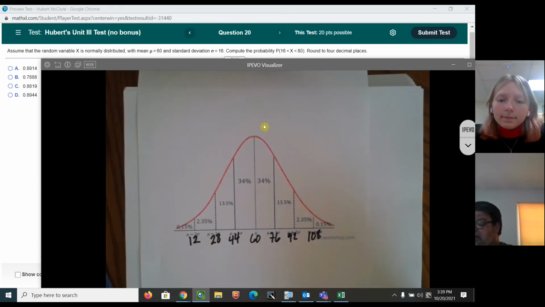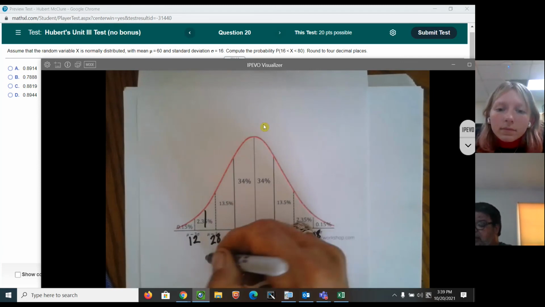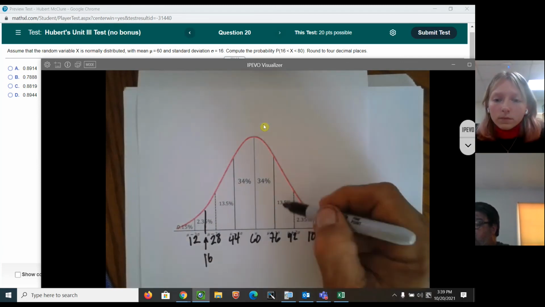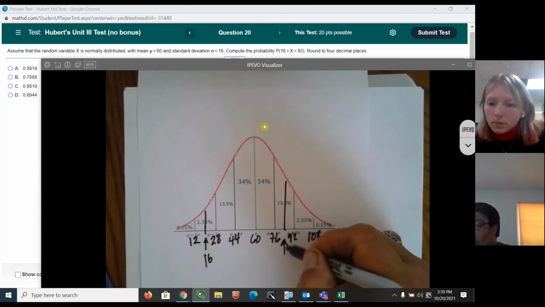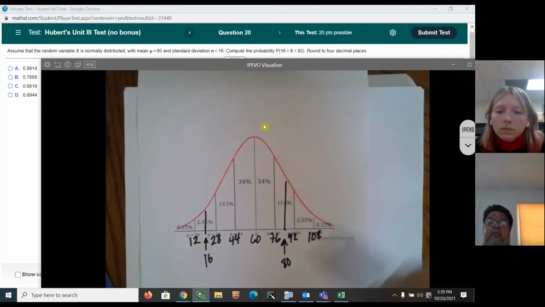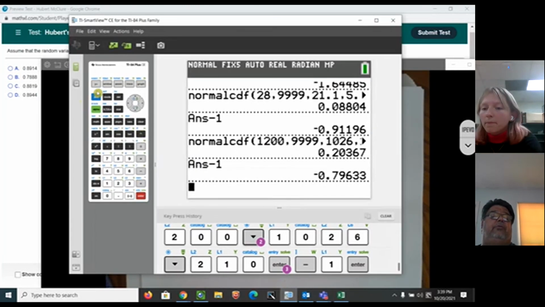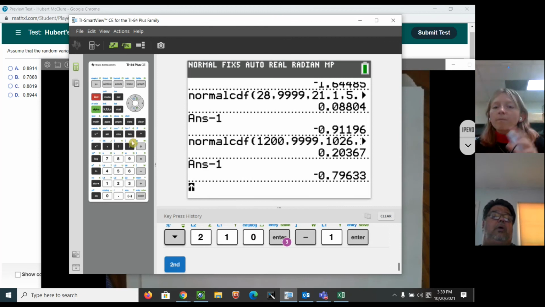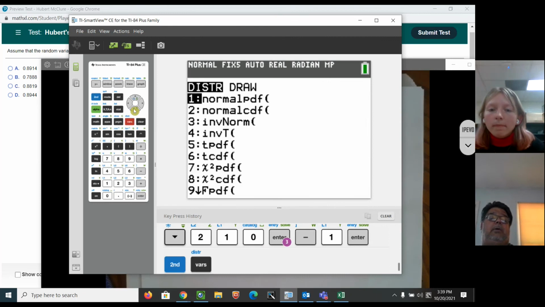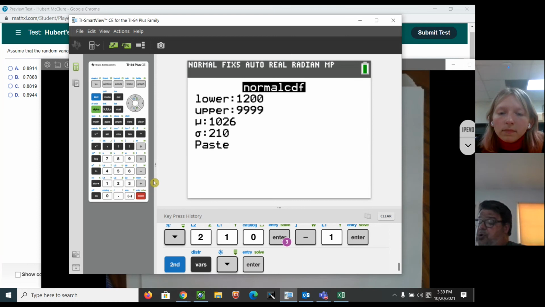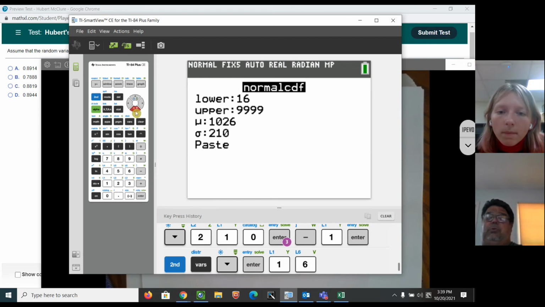16 and 80. Well, since we're pushed for time, I'm going to put it in a new calculator, and we're going to type in the 60 and the, so second bars, normal CDF, and we're going from 16 to 80.